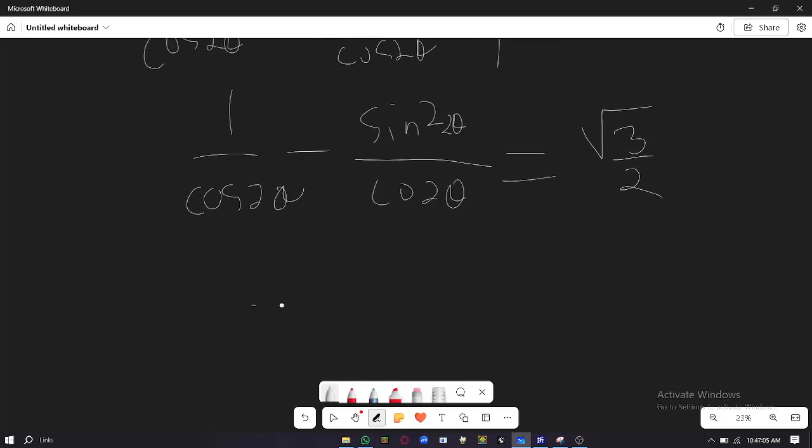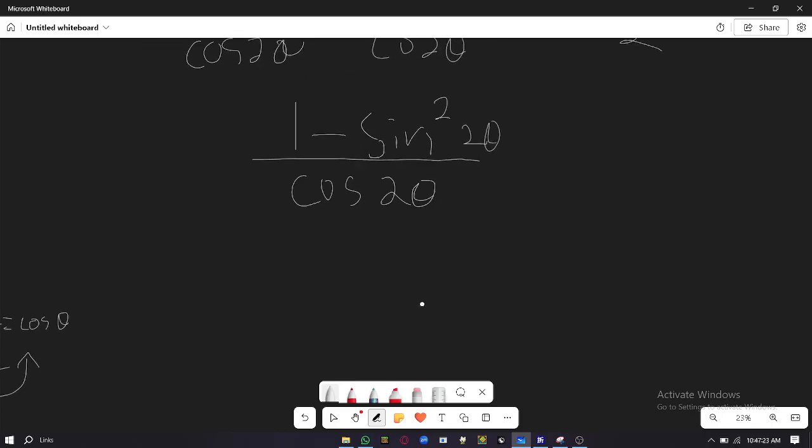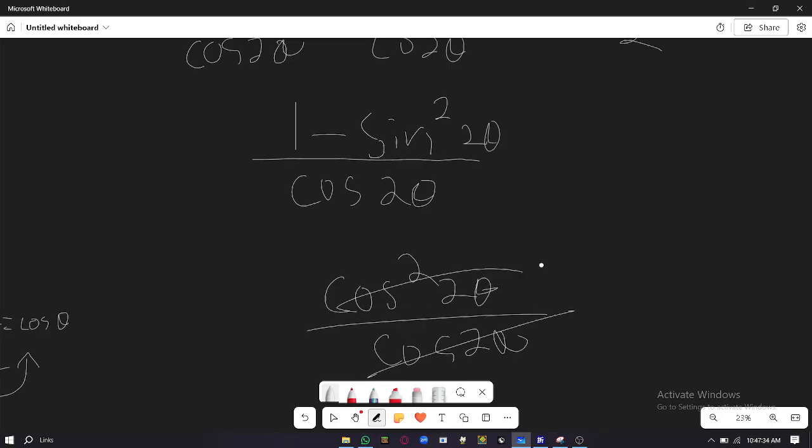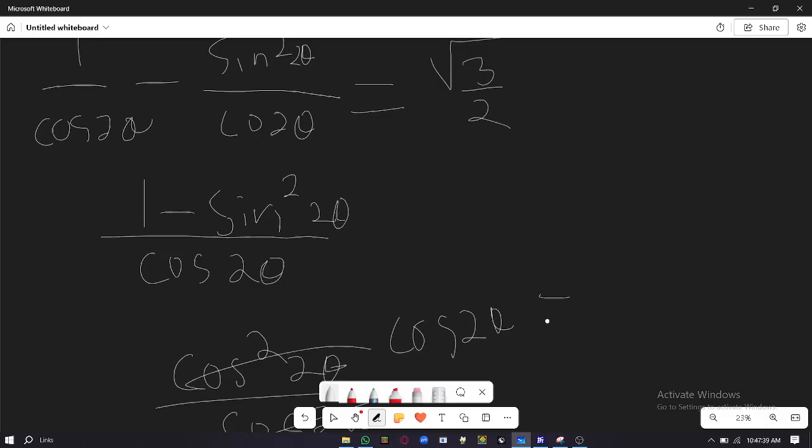This becomes 1 minus sine square 2 theta by cosine 2 theta. 1 minus sine square 2 theta can be written as cosine square 2 theta by cosine 2 theta, which cancels out to just cosine 2 theta equals root 3 by 2.